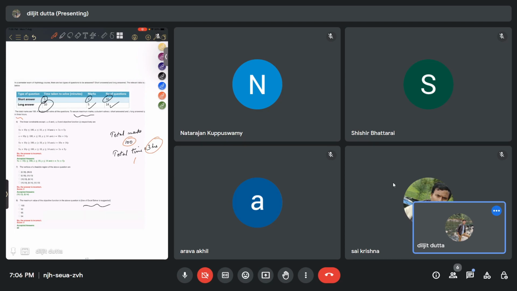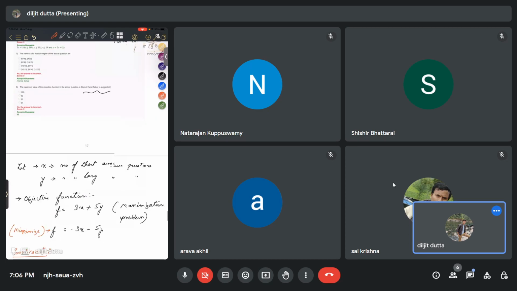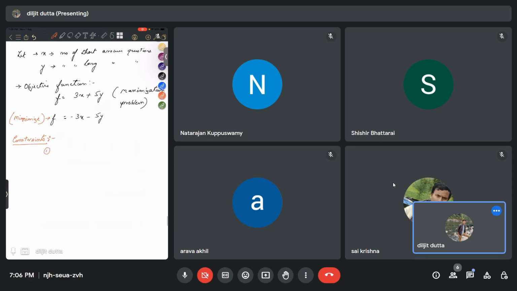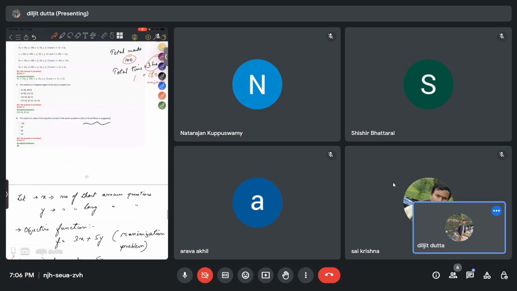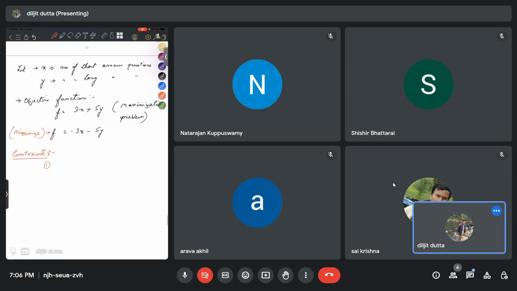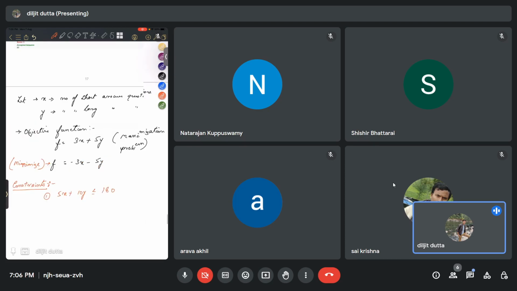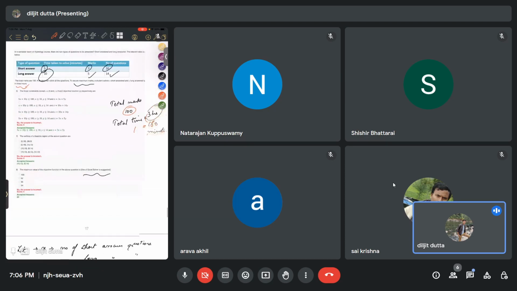The time taken is given in minutes, and the total time is 3 hours, so 3 hours will be 180 minutes. So the first constraint is 5x plus 10y should be less than or equal to 180. The total amount of time should be less than or equal to 3 hours.